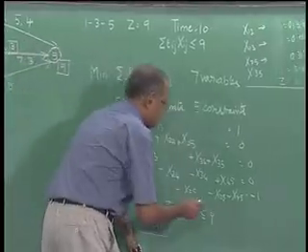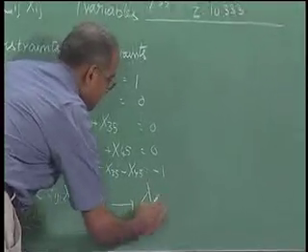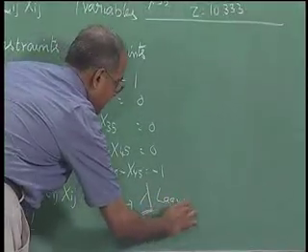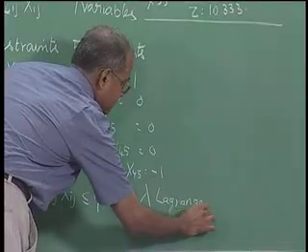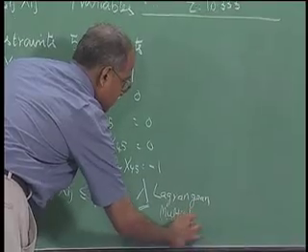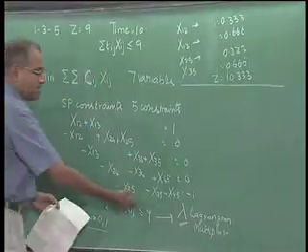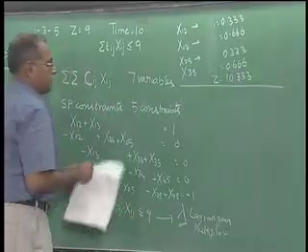So what we do is we are going to introduce a Lagrangian multiplier called lambda. So we take this into the objective function.